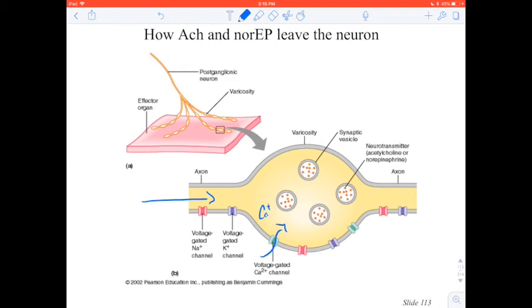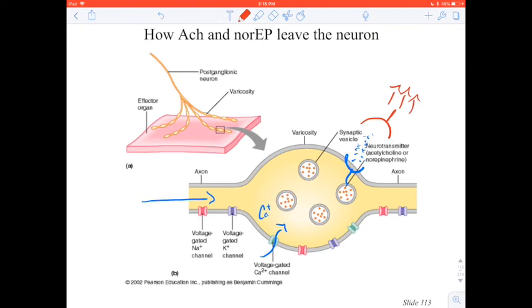And then once we have calcium in here, these guys are free to release their content extracellularly. Just kind of the quick story of how that happens. And then once they go out, they're going to bind to their receptor, and that's going to do whatever that receptor's action is.